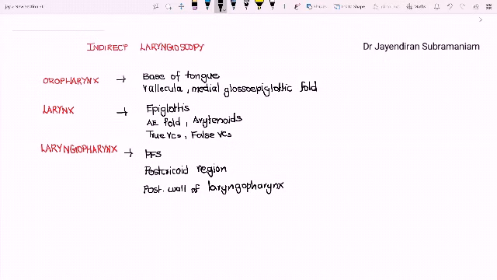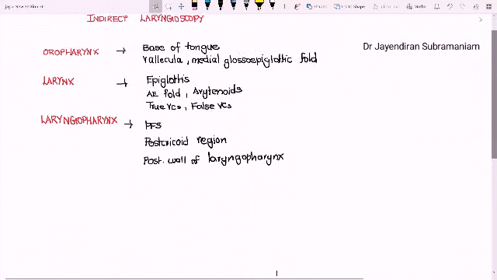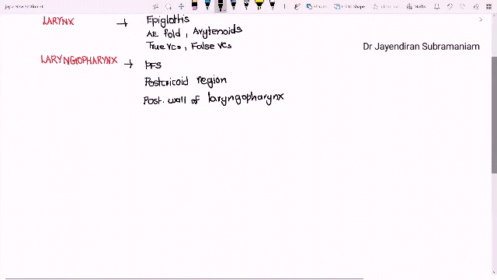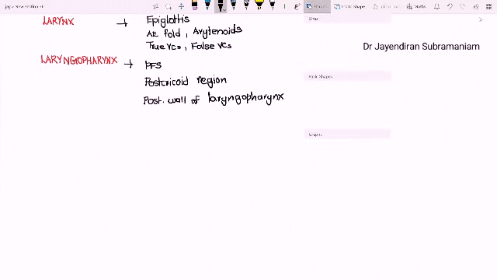So let us see how to draw the structures we can visualize with the help of indirect laryngoscopy. First, oropharyngeal structures. What are the oropharyngeal structures we can see with the help of indirect laryngoscopy?